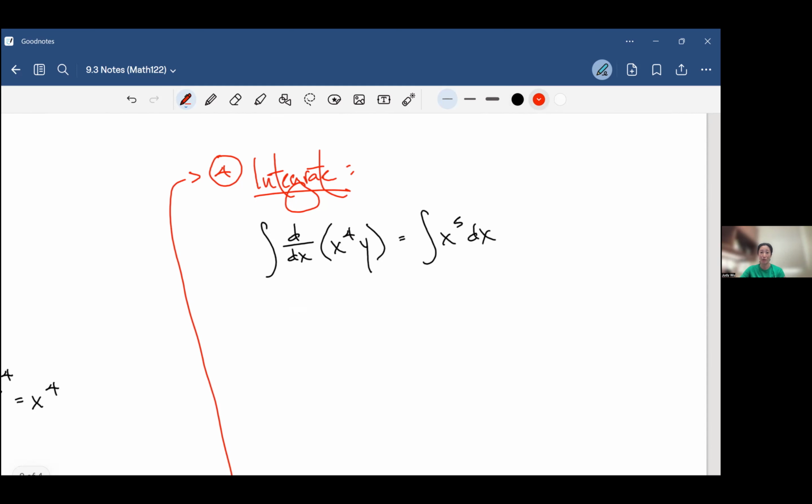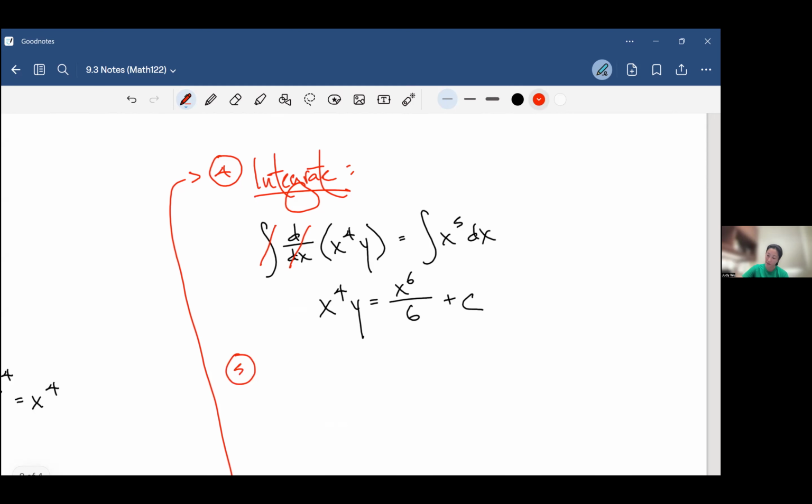Cool calculus moment here. The integral of a derivative means you just get x to the fourth y. X to the fourth y equals, all right, now let's integrate the right-hand side. X to the sixth over 6 plus c.